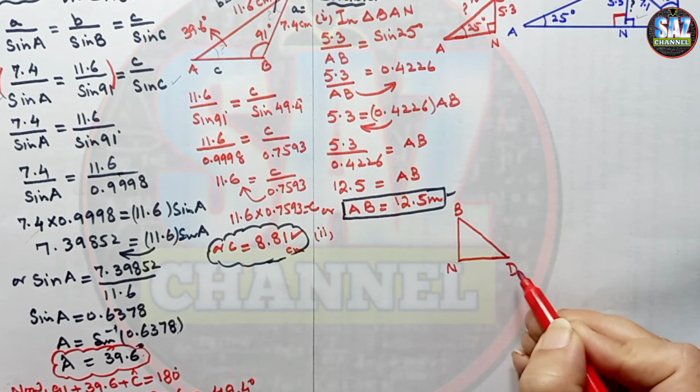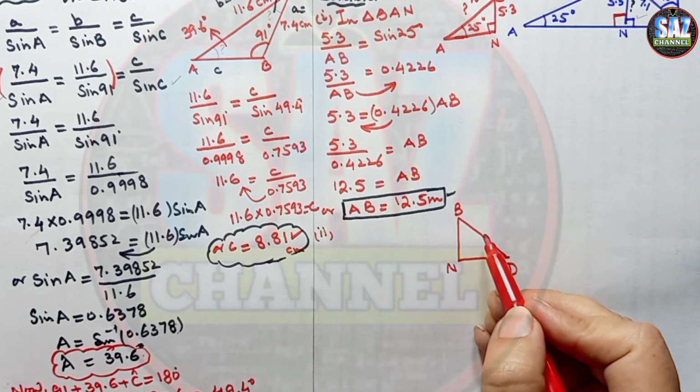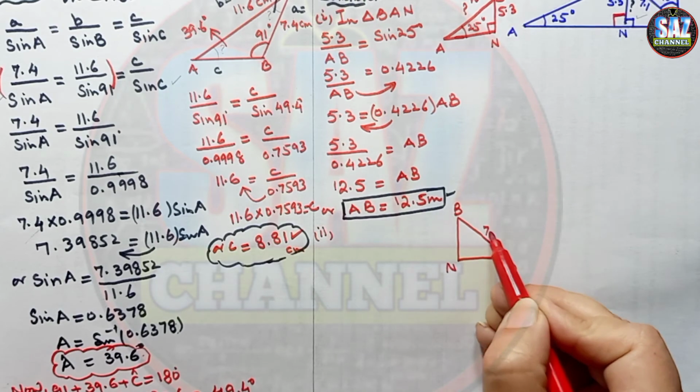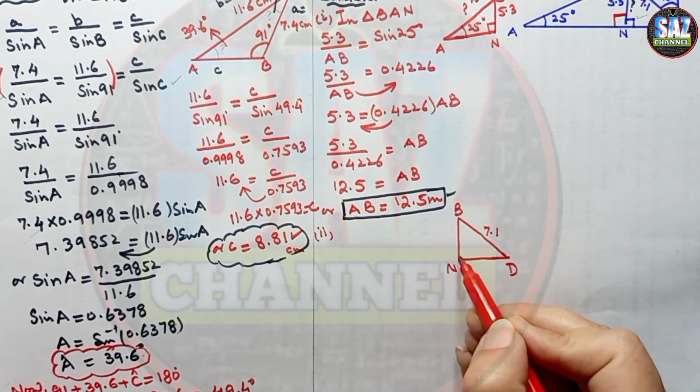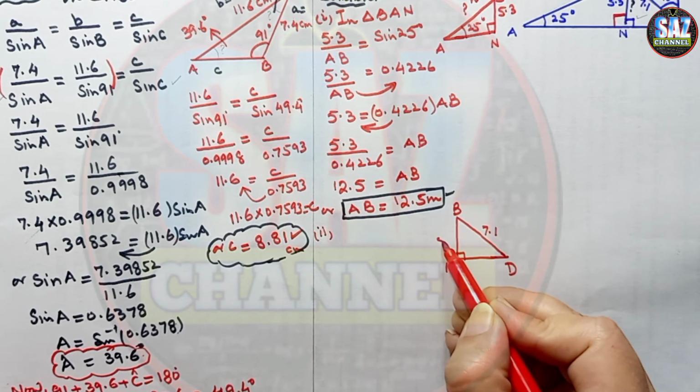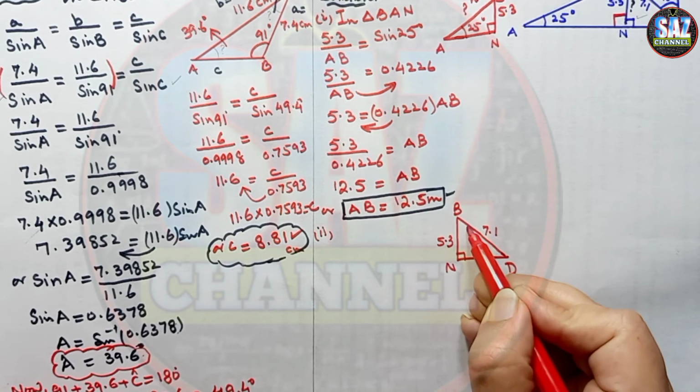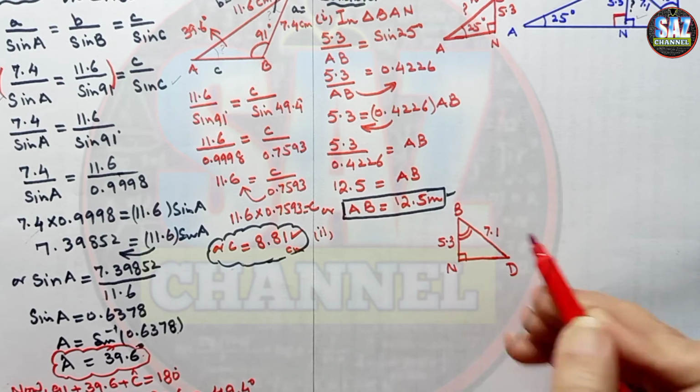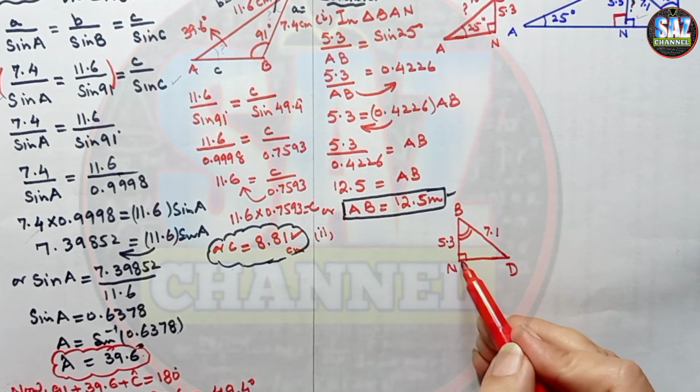So this BD side, which is given in the question, is 7.1, and this is 5.3, and we have to find out this angle that BD makes with BN.